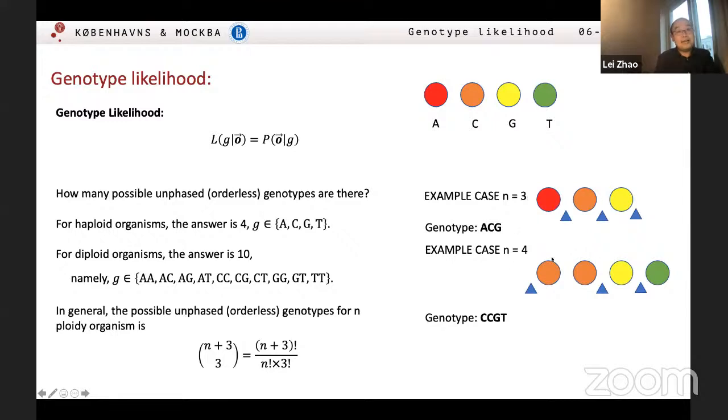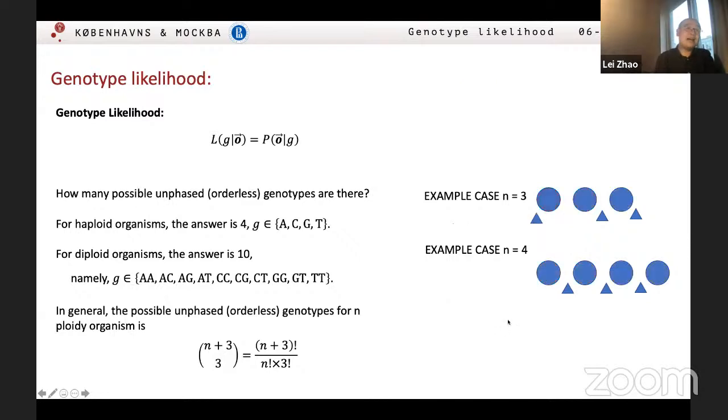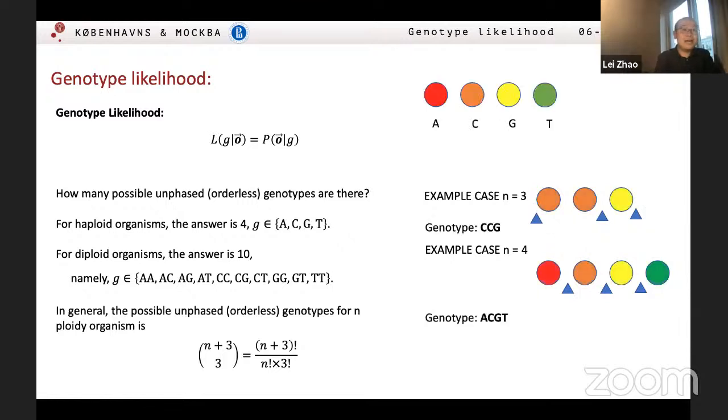If you go to the ploidy level 4 case, this alignment means the genotype CCGT. If I give you another case, we try to rearrange the circles and triangles again, and now we get CCG, because both of these circles are between the first and second triangle.